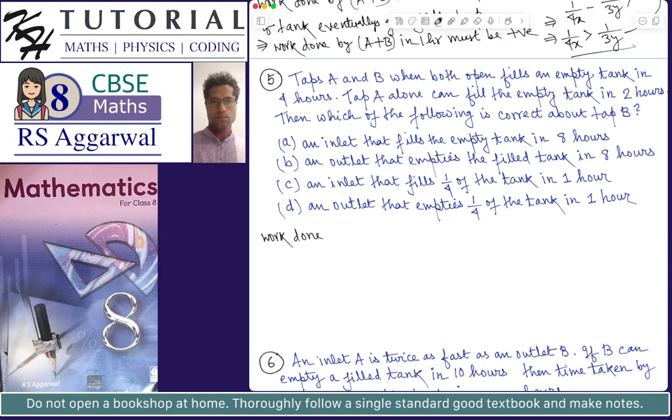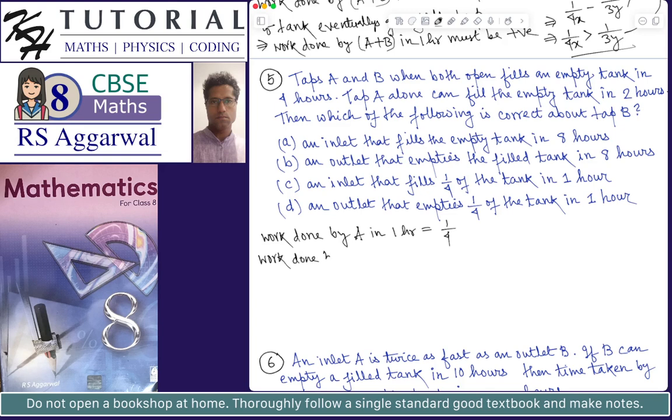If the work done by B in 1 hour is positive, then B will be an inlet, and if the work done by B comes out to be negative in 1 hour, then B will be an outlet. So we have to find the work done by B in 1 hour.